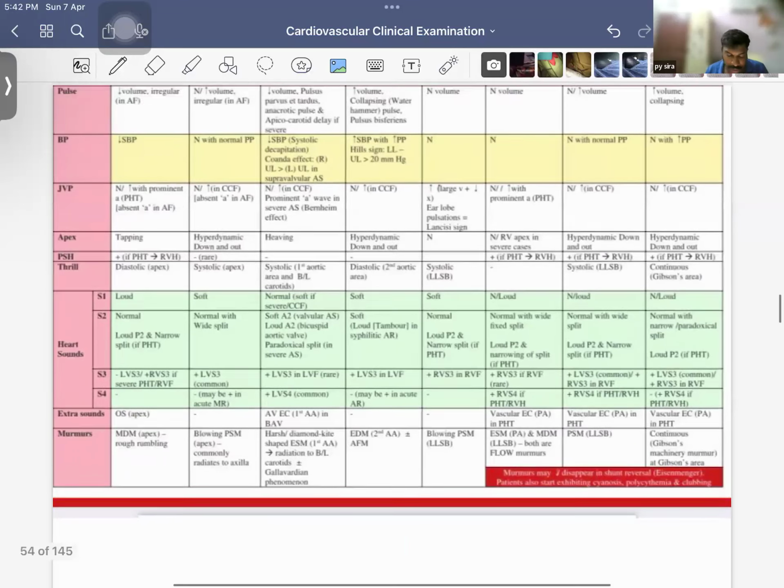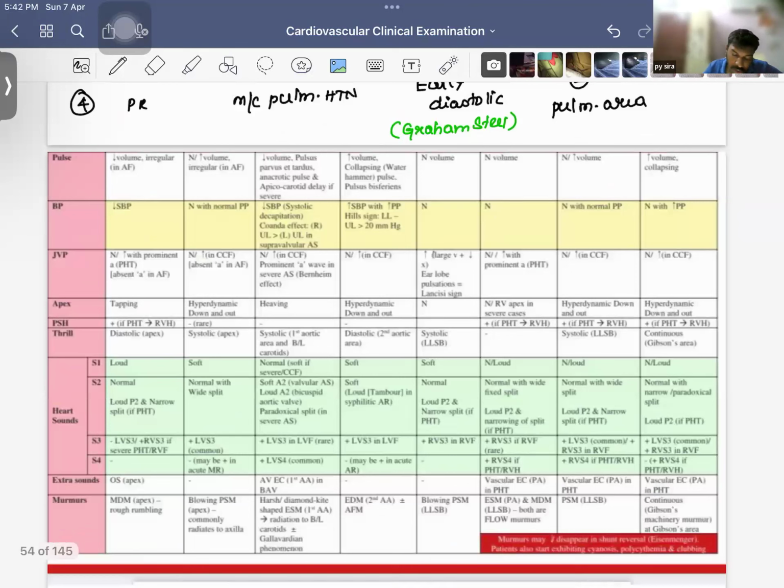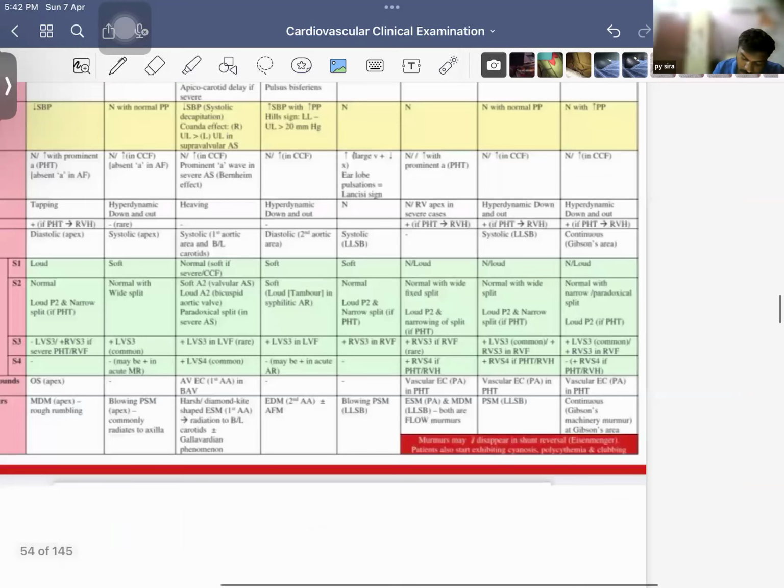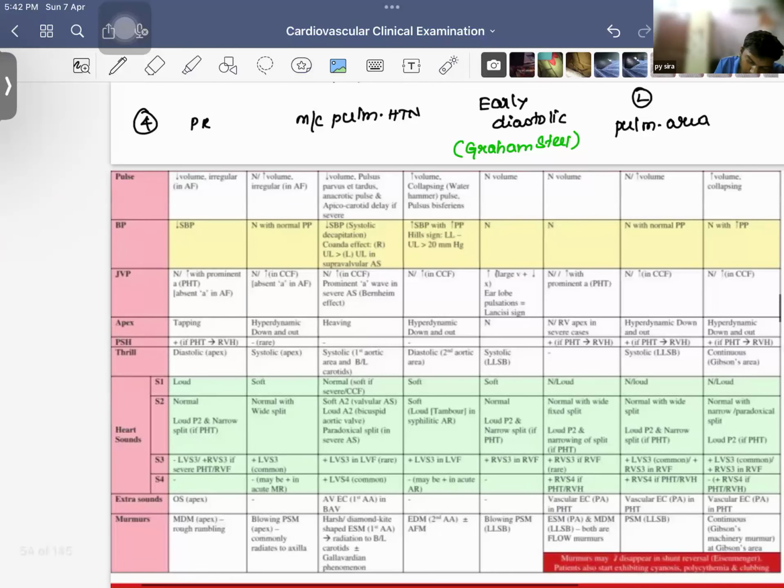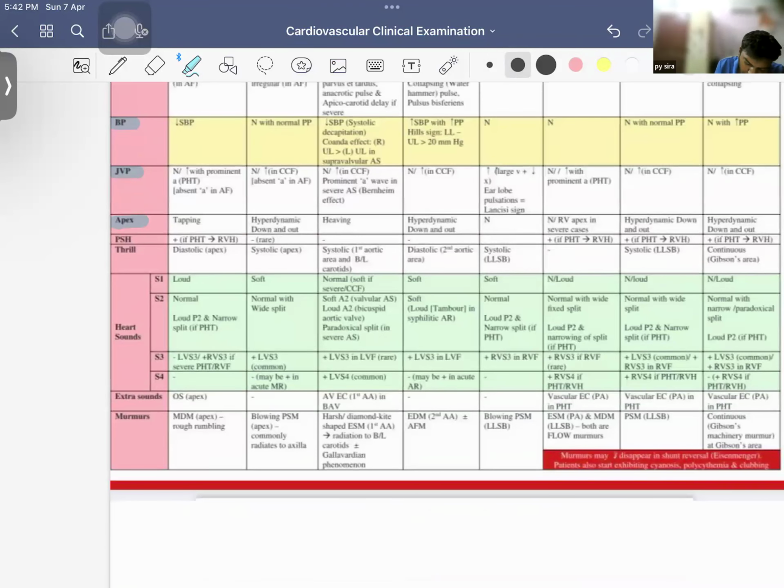This is one table which summarizes all your doubts. All your doubts can be summarized here. So whenever you have any case of cardiac disease coming to you, first you're going to go for pulse, BP, JVP, apex beat.